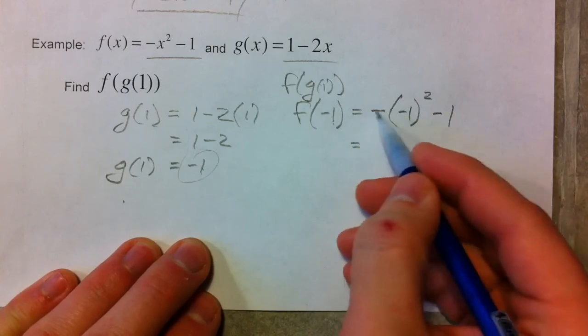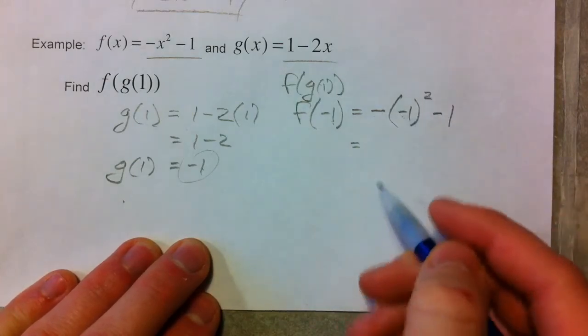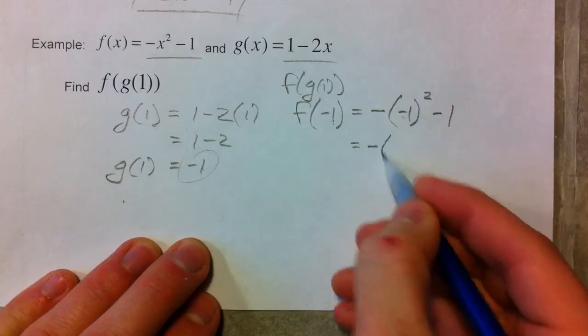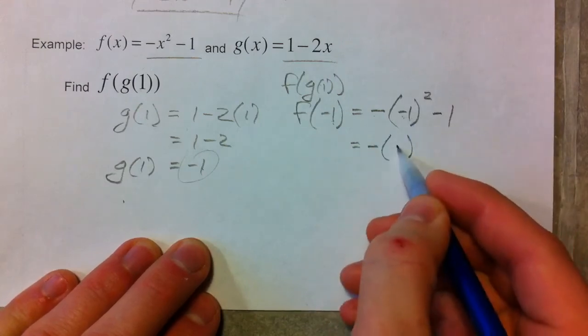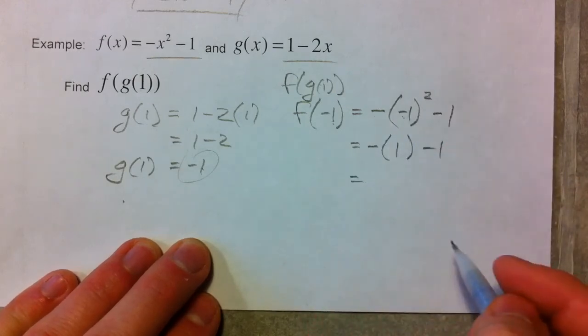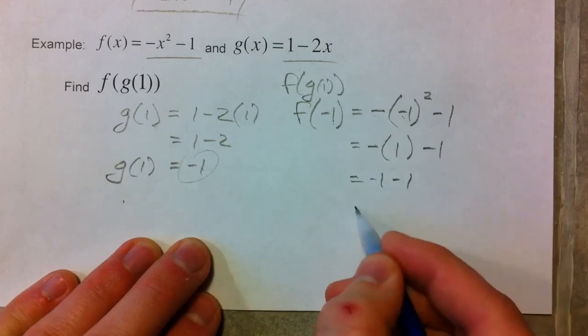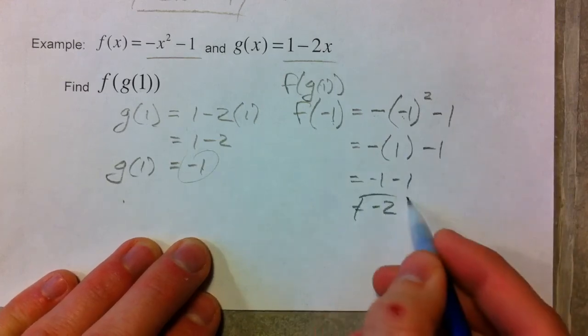So be very careful with these negatives because you want to do exponents before you do multiplication. And so negative 1 squared, negative 1 times negative 1, is a positive 1. One of the most commonly missed things in algebra. Negative 1 minus 1 is a negative 2.